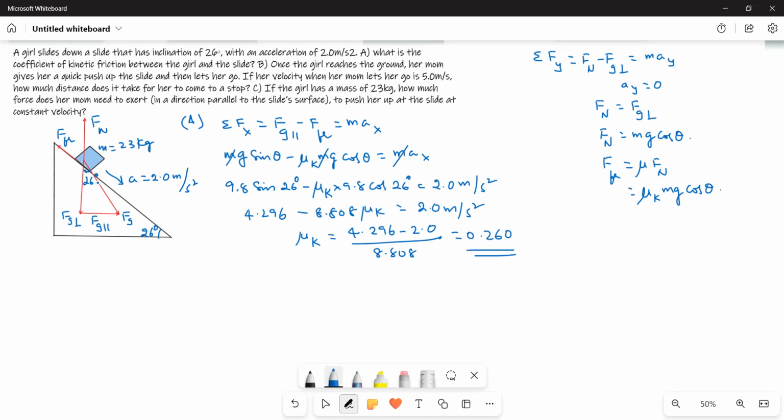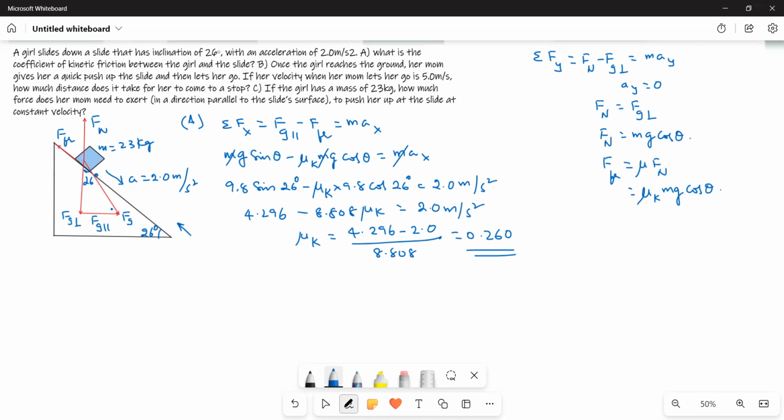So here, what is happening? Fg parallel is in this direction. The girl comes down, and then the mother pushes her up. When the mother pushes her up, the applied force is in the upward direction, and the girl is going up.